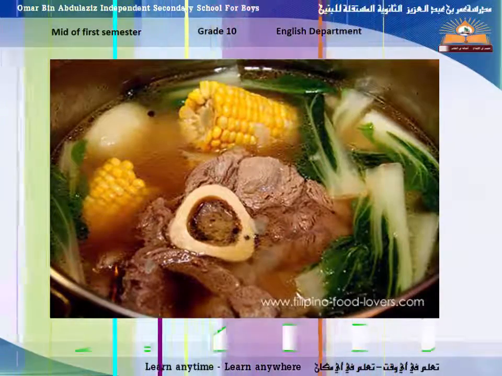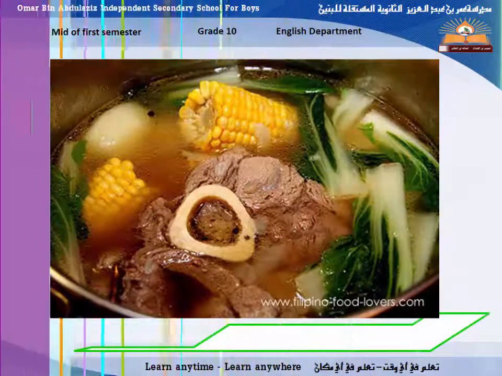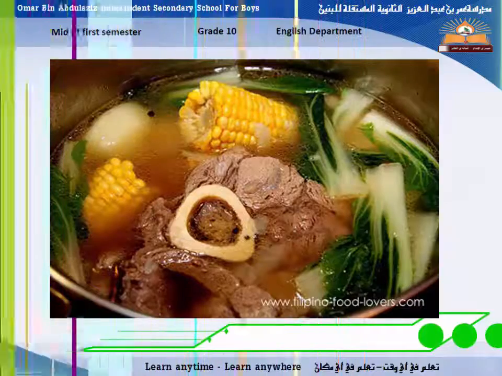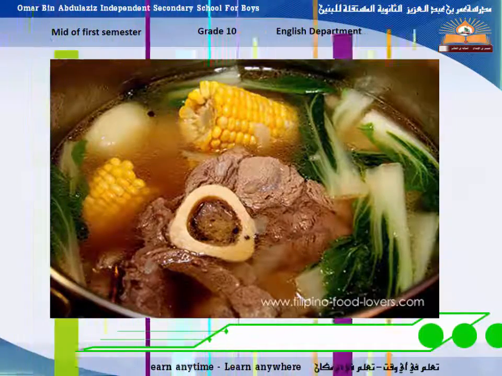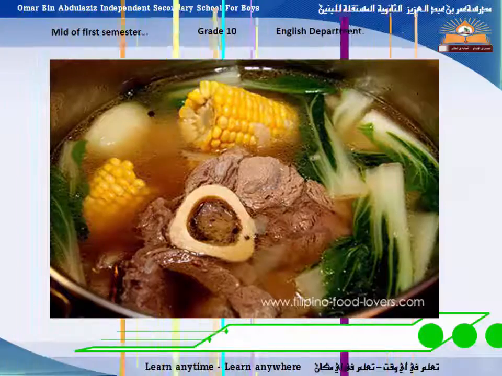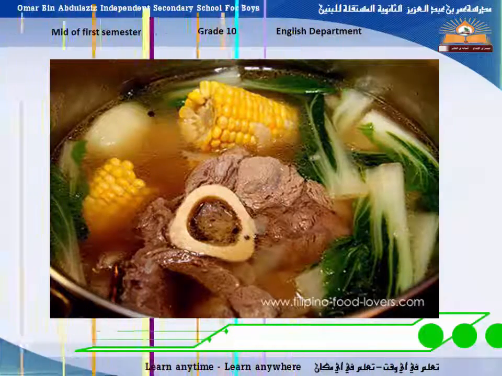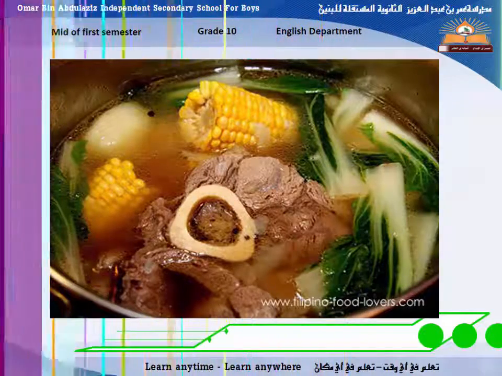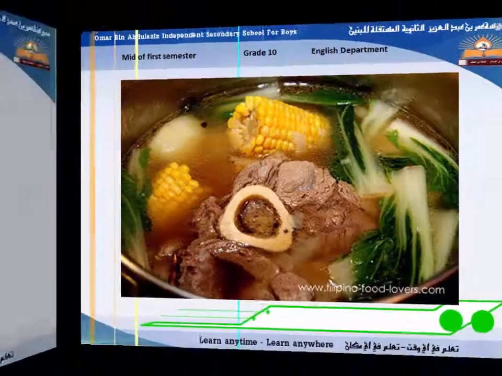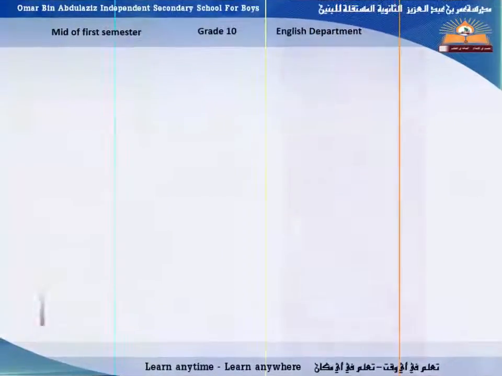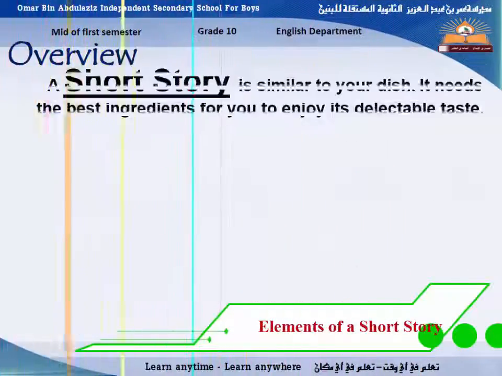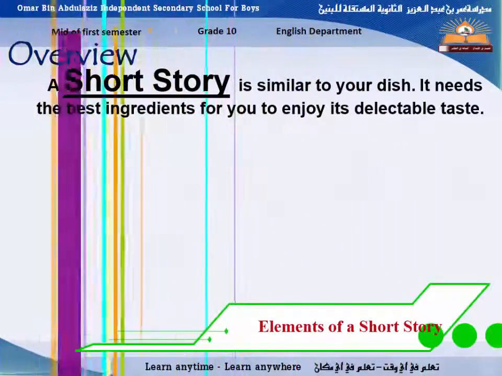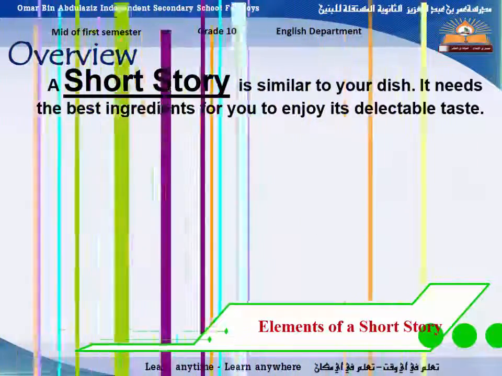First of all, I'd like you to look carefully at this picture. A short story is similar to your dish.